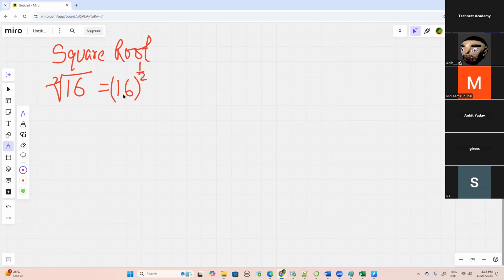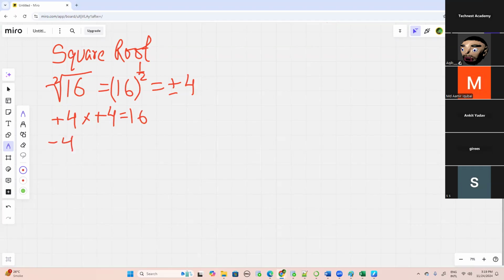So what will be the value of the square root of 16? Plus and minus 4. Both values you will get. Why? Because plus 4 into plus 4 will be 16, since plus into plus is plus.